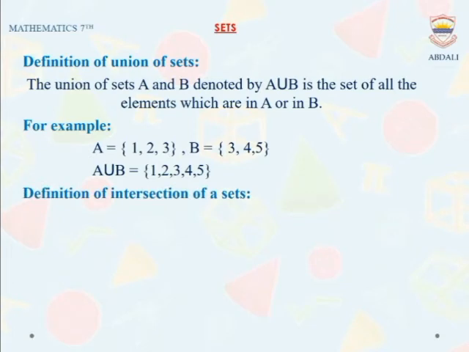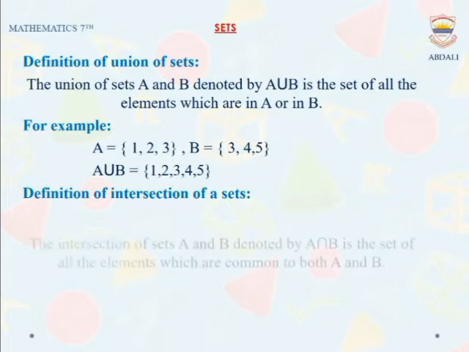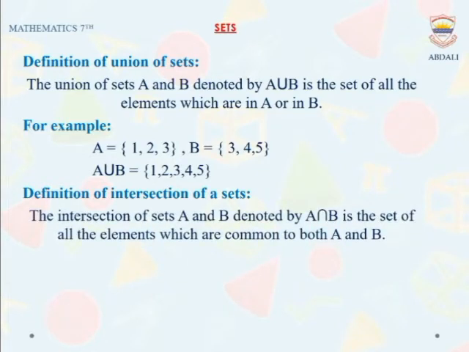Now let's see the definition of intersection of sets. So the intersection of sets A and B is denoted by A ∩ B. Now the symbol between A and B is the symbol of intersection. Okay, and we always use this symbol to represent intersection.